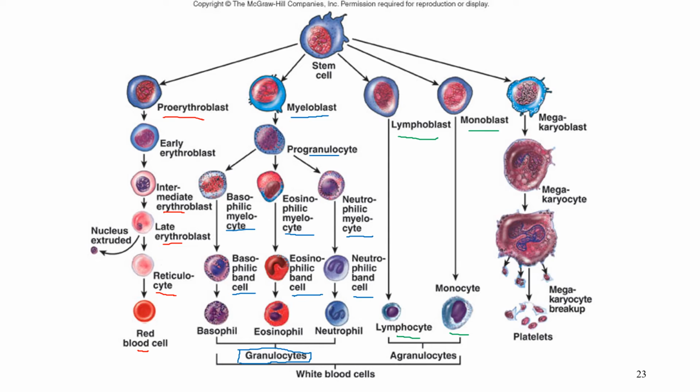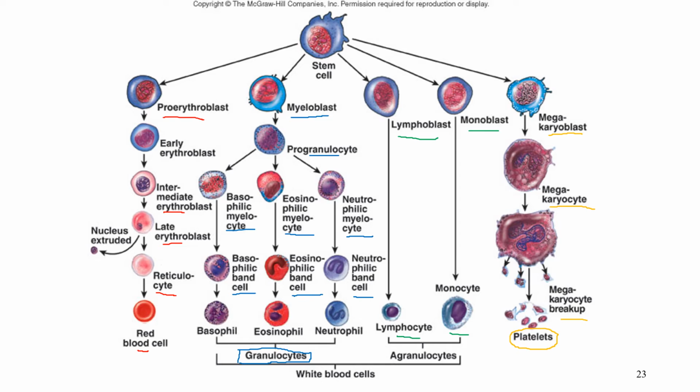So again, remember that when you say blast, kapag may blast sa mga pangalan nila, yun yung mga types of new cells, right? And then for the platelets, from stem cell, you have now your megakaryoblast, and then it will eventually become a megakaryocyte. And then the megakaryocyte breaks up to form your platelets.